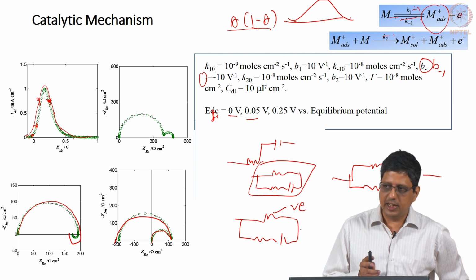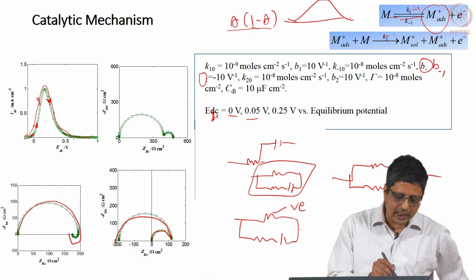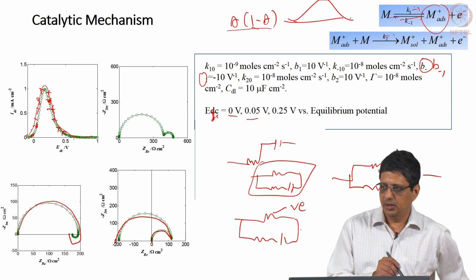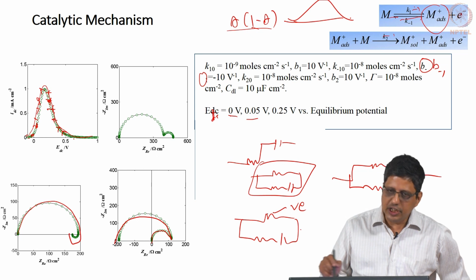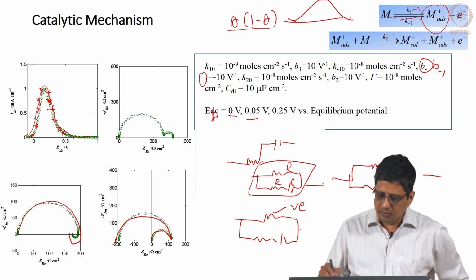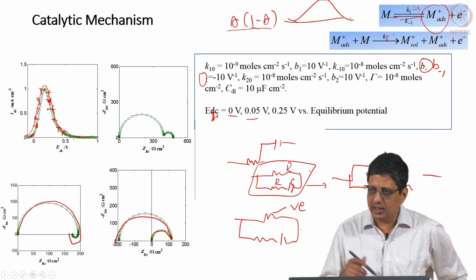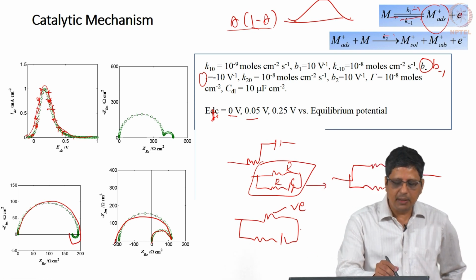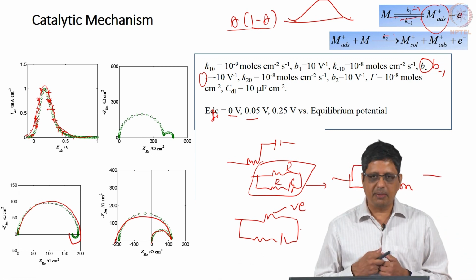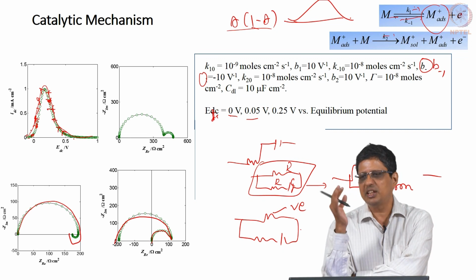Using one set of kinetic parameters, now I can generate spectra at many potentials, right. If I am using a circuit, for each one I have to come up with one R value, another R value, another C value, and then for a slightly higher potential I will have to come up with another value, and at some point this capacitance is going to become like an inductor, or it has to become a negative resistance and capacitor. I will have to come up with some explanation.